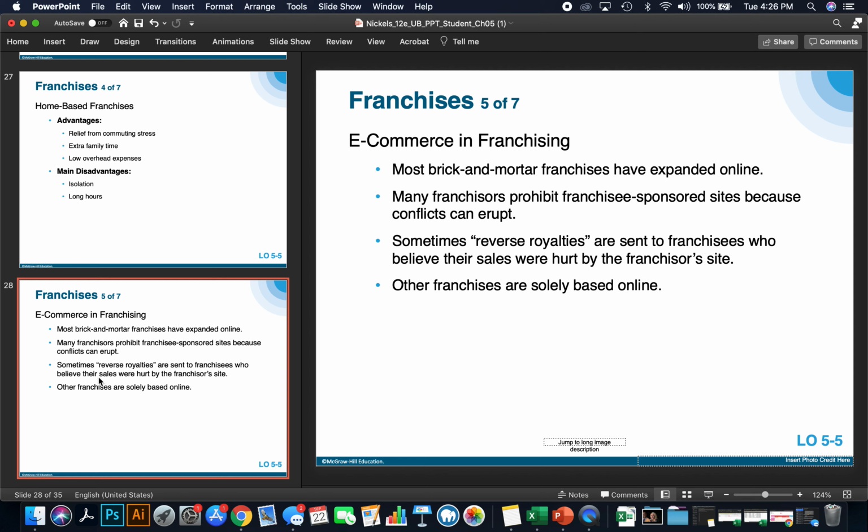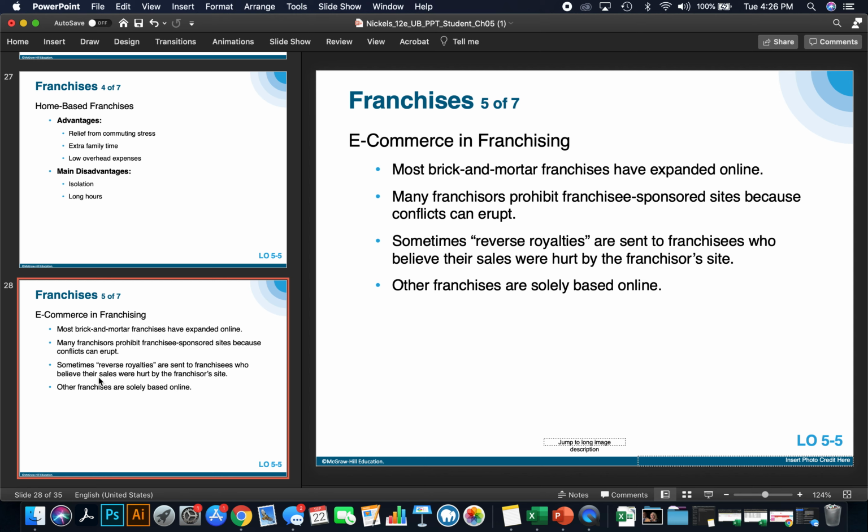E-commerce and franchising, becoming very popular, opening up an e-commerce store. My friend next door has an eBay storefront where he resells shoes that he purchases and makes profit on it. Most brick and mortar franchises have expanded online. Many franchisors prohibit franchisee sponsored sites because conflicts can erupt.